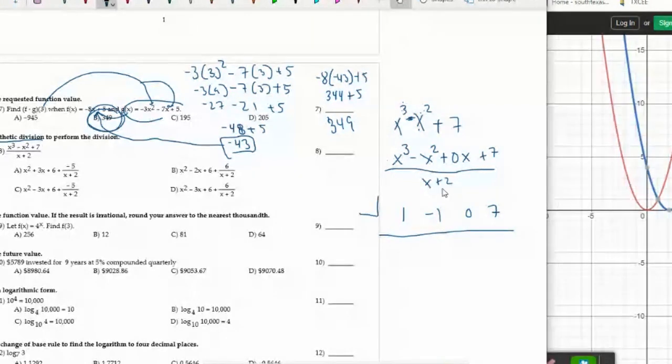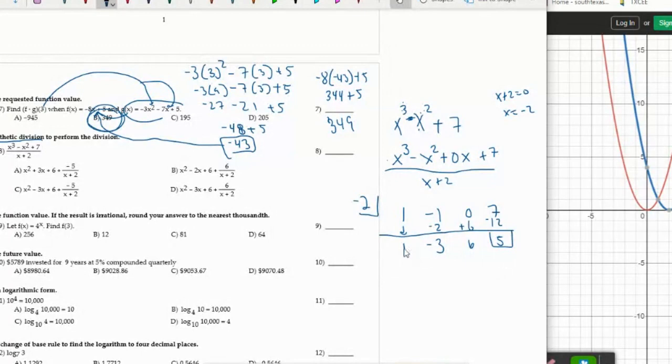Then we solve for x here. x plus 2 equals 0, so x would be -2. We always bring down the 1, multiply by -2, add, multiply, positive 6, add, multiply, 12, add, and we get a total.